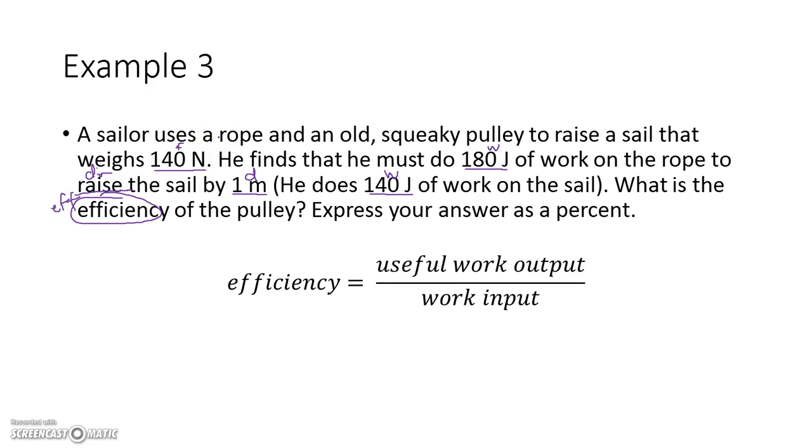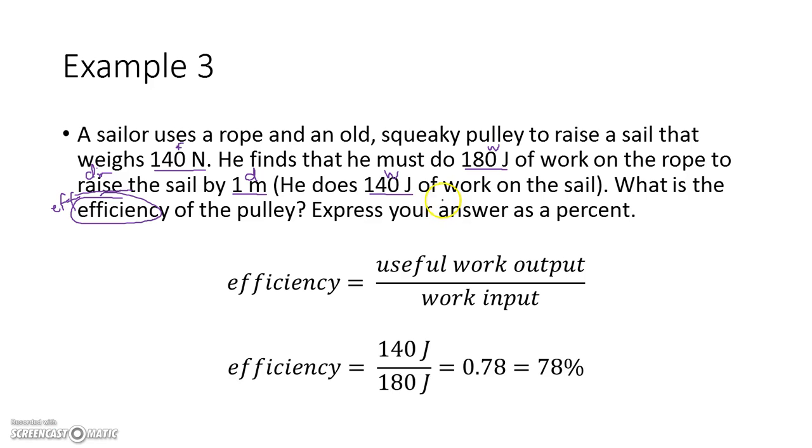All right, to find out the efficiency of the pulley, we need to do useful work output over input. The output is what you get from it, and the input is what you put into it. So 140 joules, this is how much they got out of it because it was actually done.